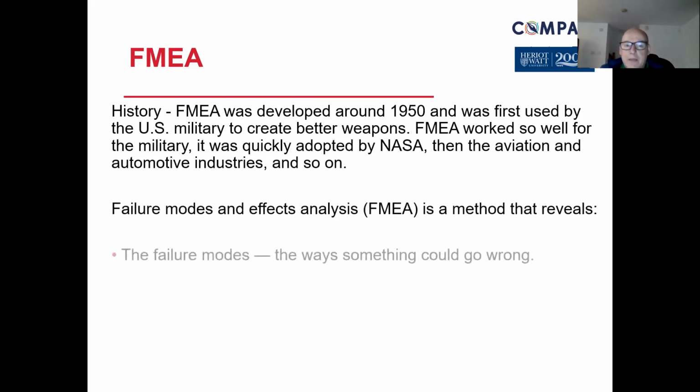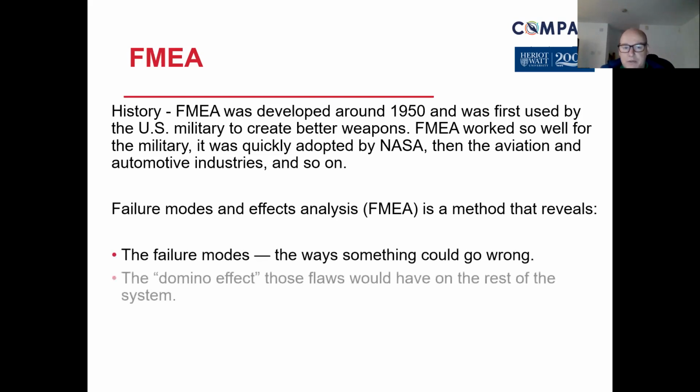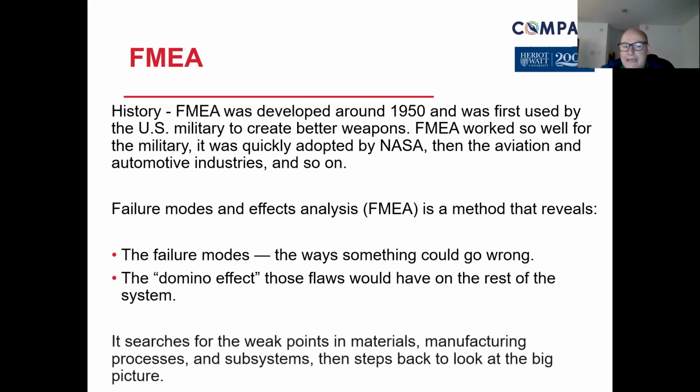Yeah. So failure mode effects analysis is a method that reveals the failure modes, considers the domino effects of the different component parts and what can happen. It searches for the weak points in materials, manufacturing processes, and subsystems. So that in itself is interesting to read, the limitations of a particular material.